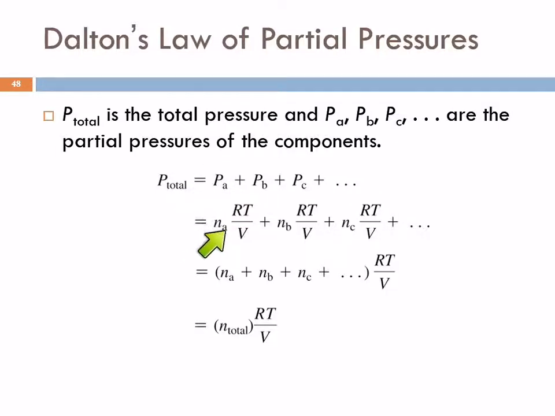It's the moles of A times RT over V. The pressure of gas B is the moles of B times RT over V. There's a pattern here. Each of these has the same factor, RT over V. So if we factor that out, we have moles of A plus moles of B plus moles of C times RT over V gives us the total pressure. So the total number of moles of gas times RT over V is equal to the total pressure.